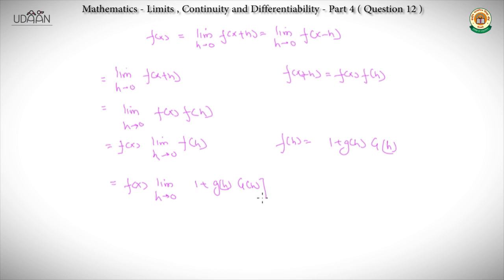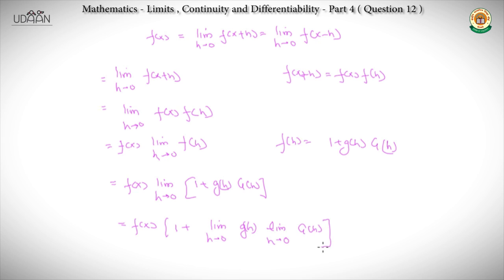Now when I take the limit inside, it becomes f of x into 1 plus the limit h tending to 0 of g of h into the limit h tending to 0 of capital G of h.